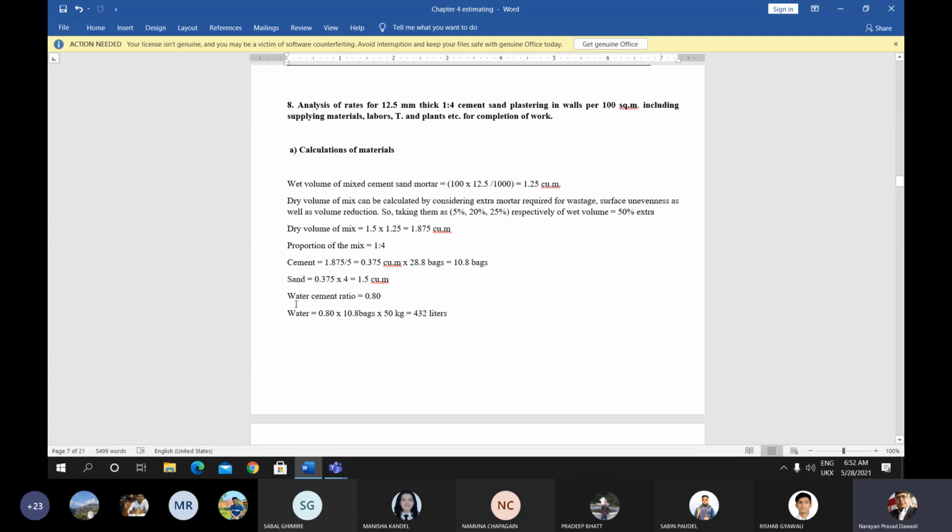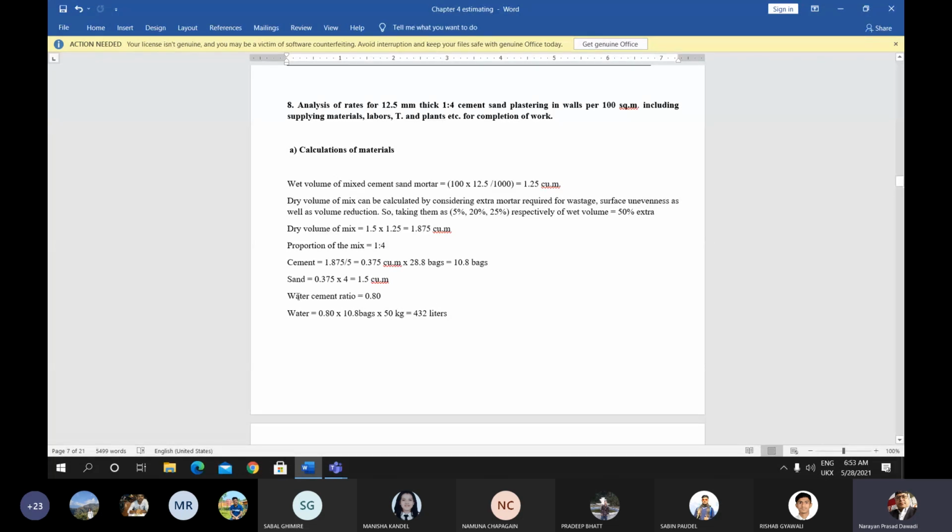Now the water cement ratio for the mortar. This is also the mortar, because the plaster mortar and the brick mortar are the same. Only sometimes for plaster mortar, fine sand can be used. So only the texture of the mortar will be different, but the proportion and the other things remain the same.